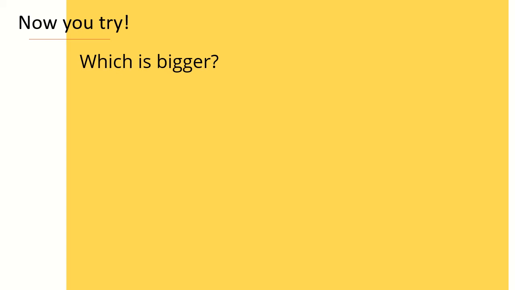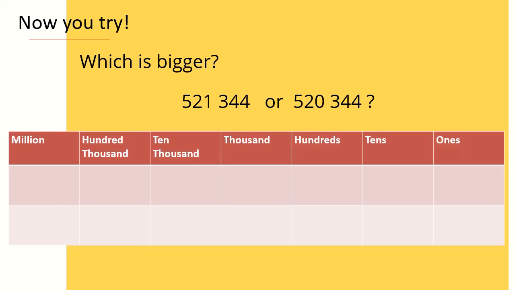Now it's time for you to try which is bigger, 521,344 or 520,344. Get a piece of paper, write up your place value chart and put the numbers in and compare one by one. Remember that the question is asking you which number is bigger.